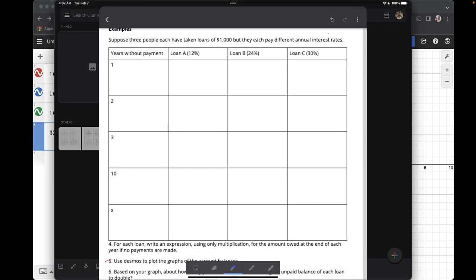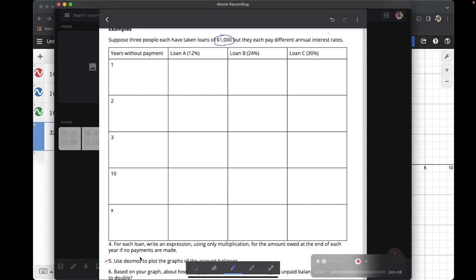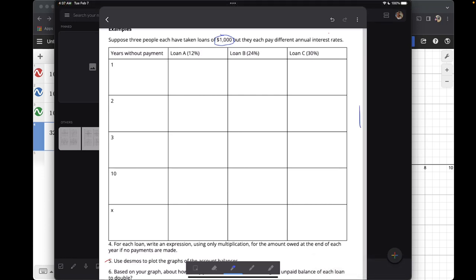Okay. They're each starting with $1,000. For each loan, write an expression for the amount owed at the end of each year if no payments are made. So if no payments are made.